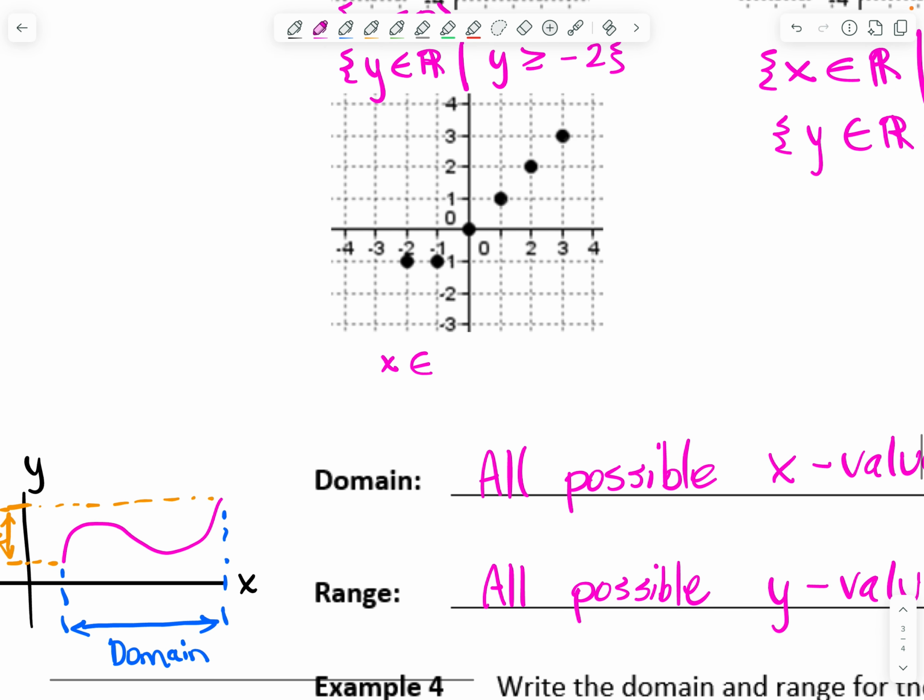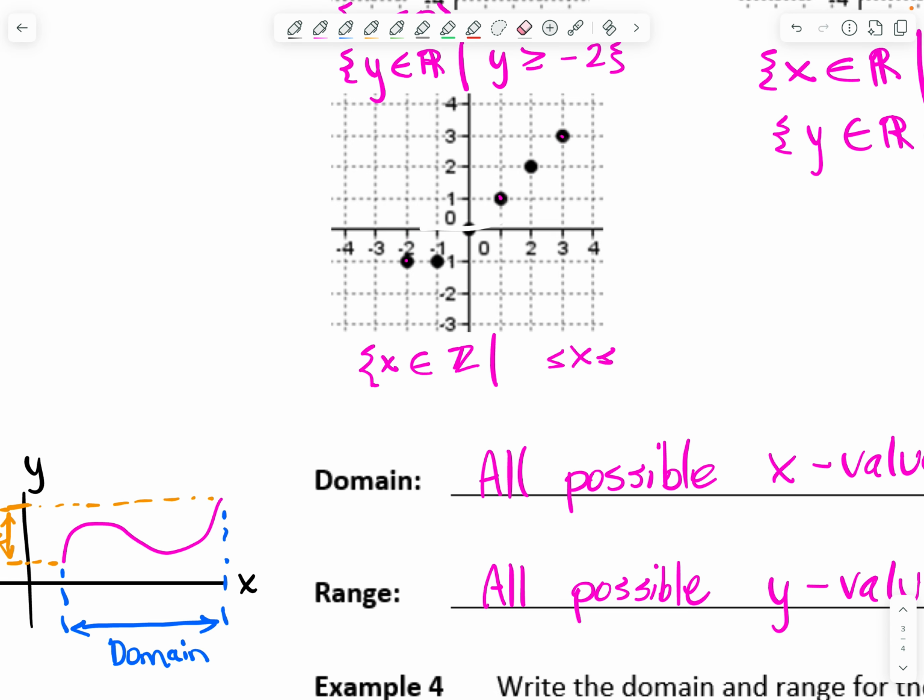So this right here could be x is an element of the integer set because these are discrete numbers, like we could see here. So it's not like continuous, like a line, no line connecting them. So I'd say x is an element of the integers, represented by the letter Z, such that x is between, it seems like there's an x value at -2, -1, 0, 1, 2, and 3.